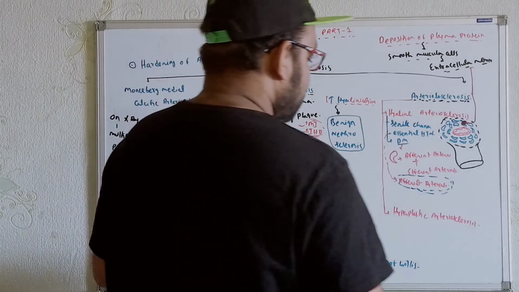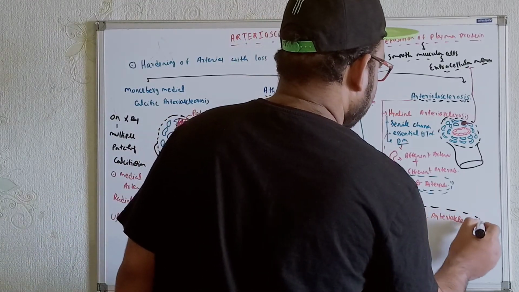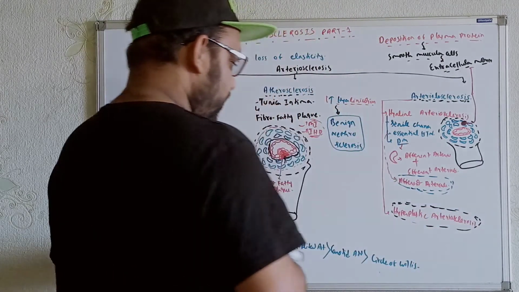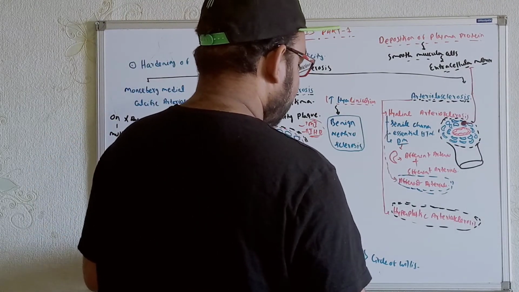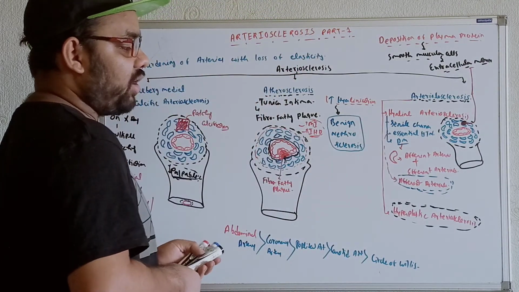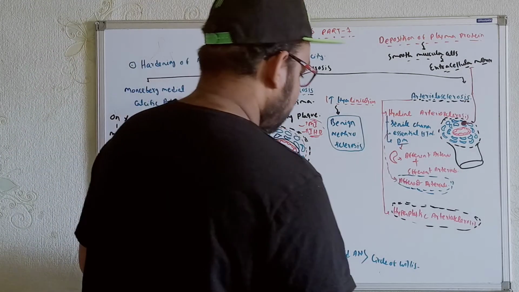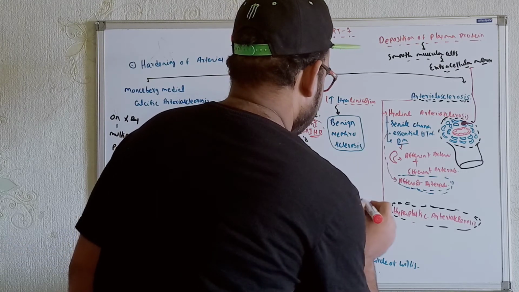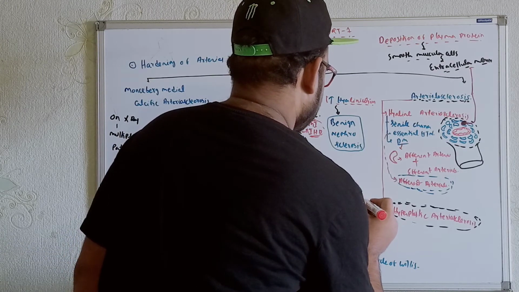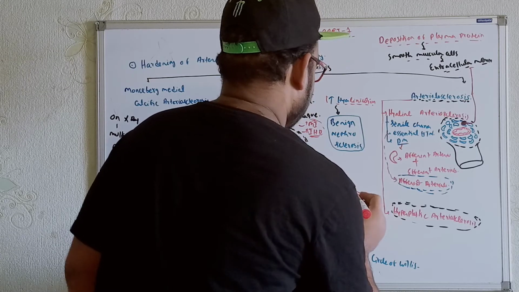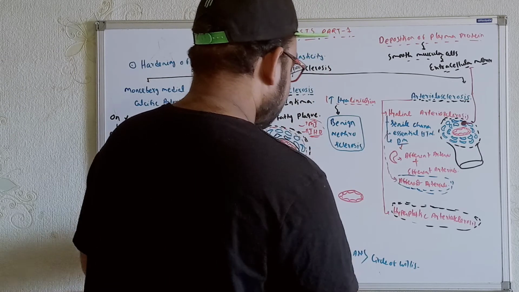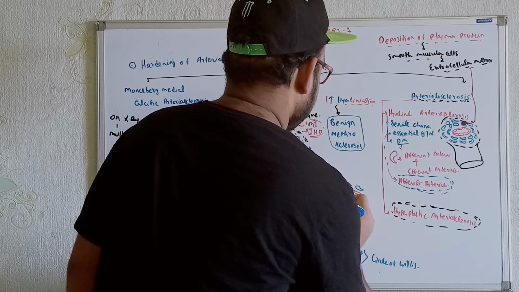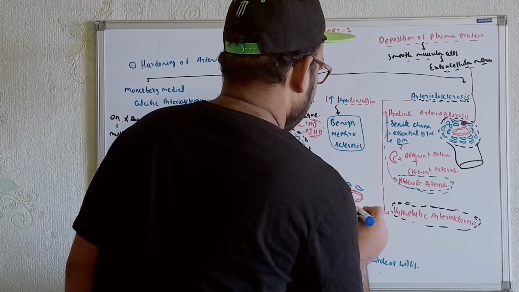Now we'll talk about the hyperplastic arteriolosclerosis. What type of problem will we see in hyperplastic arteriolosclerosis? Here we will get basically the hypertrophy and the hyperplasia of the smooth muscle layer. Okay, let's draw it over here once again. This is the tunica intima. Then we will get the smooth muscle layers, if I draw in this dotted way.